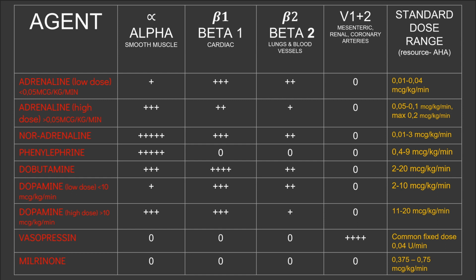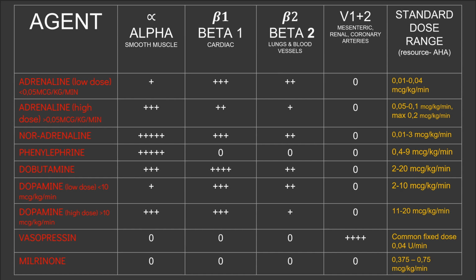And then another one that we see quite often is dobutamine, or more commonly known by its trade name as Dobutrex. And this one is also quite interesting. It does have properties for alpha, but its main one is beta 1. So this is actually an inotrope, and it has some affinity for beta 2 as well.